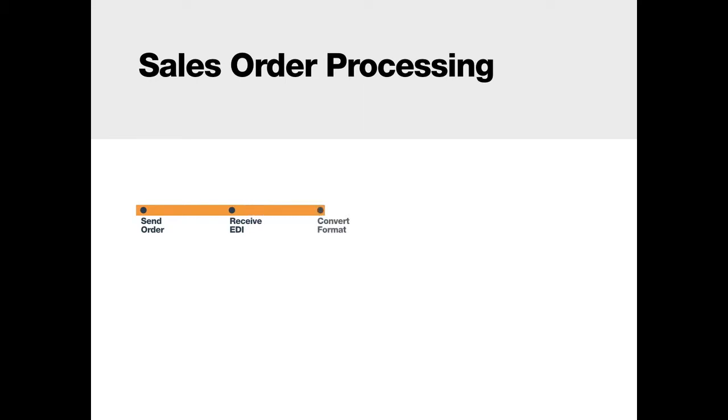The EDI format of this message is then converted to an SAP IDOC format. Next, it is transferred to and received by the SAP business system. Then, the existing business logic processes the information inside of the message, and when the processing is successful, a sales order is created.